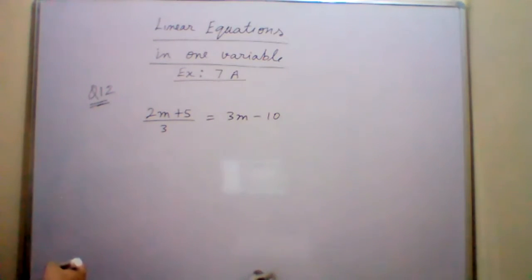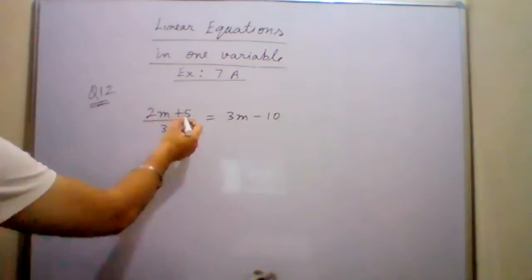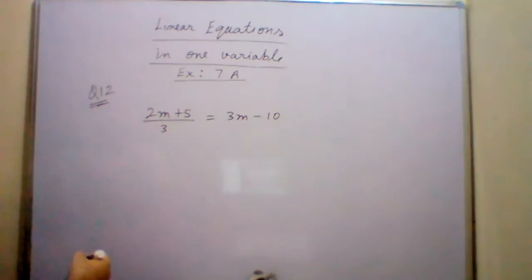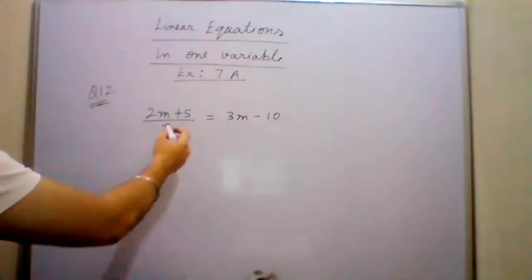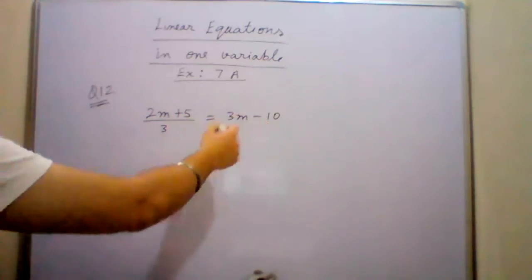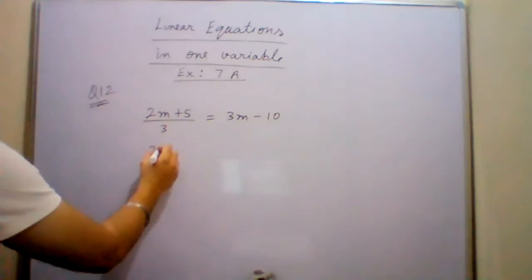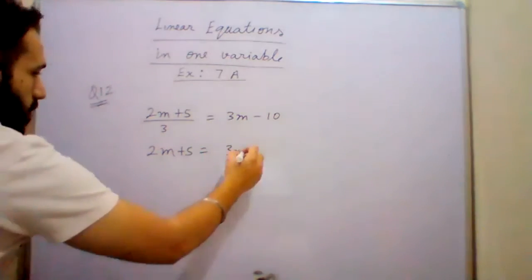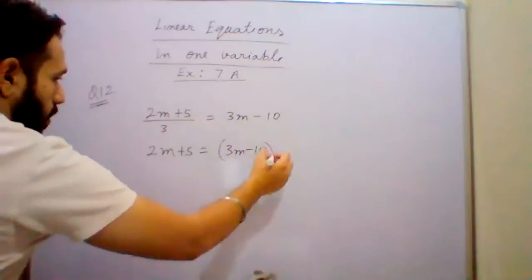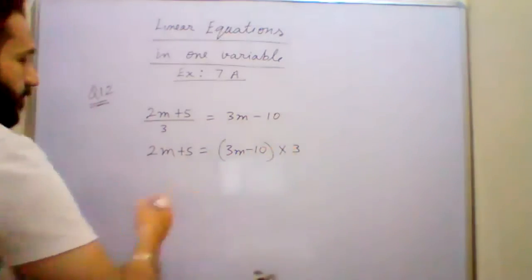So this whole numerator is divided by 3. First of all, you take this 3 from LHS to RHS, and since it is in divide, you will take it in multiply. 2m plus 5 equals 3m minus 10 whole multiplied by 3.